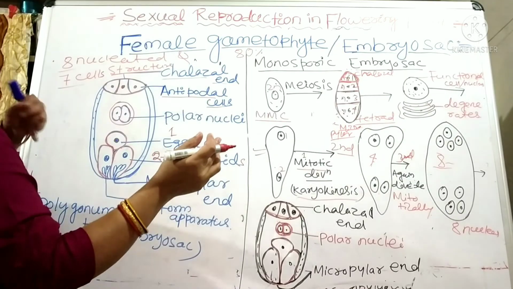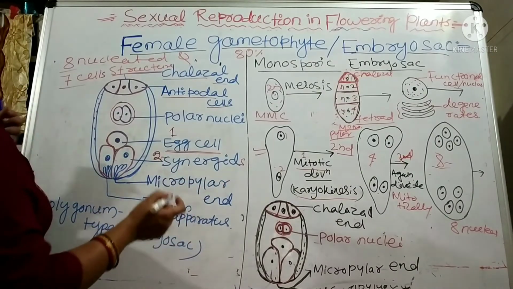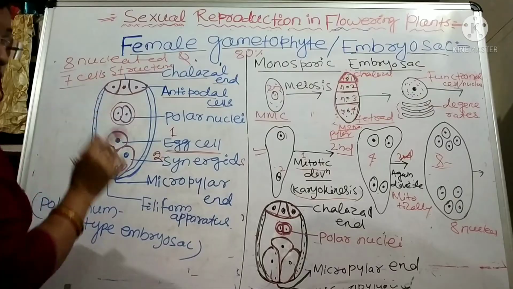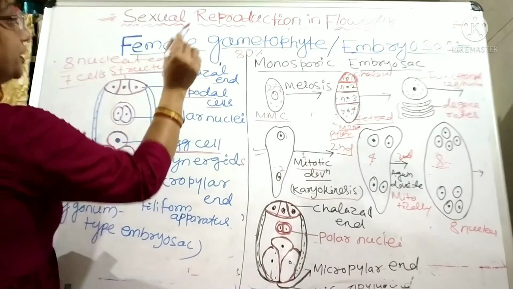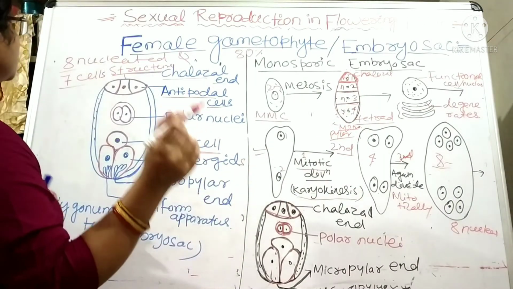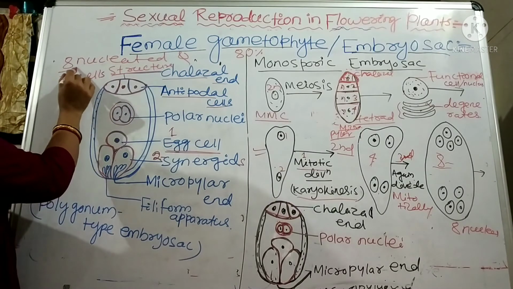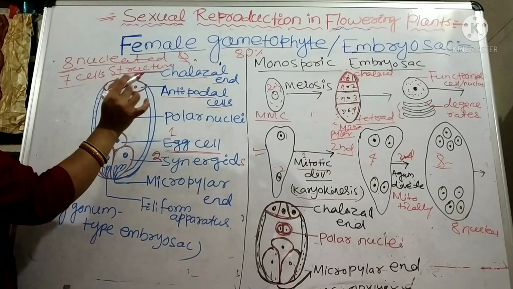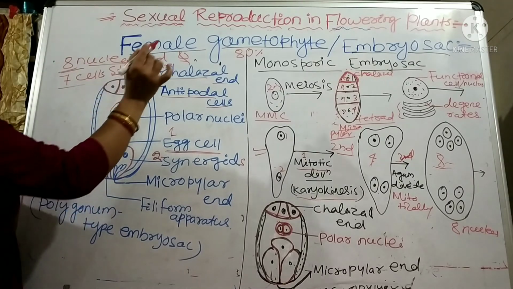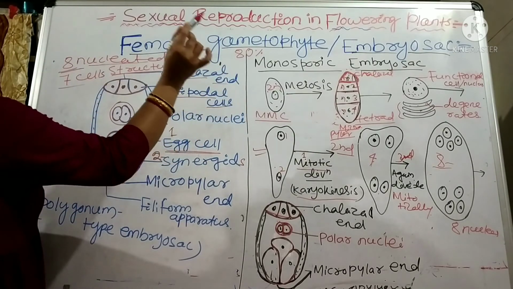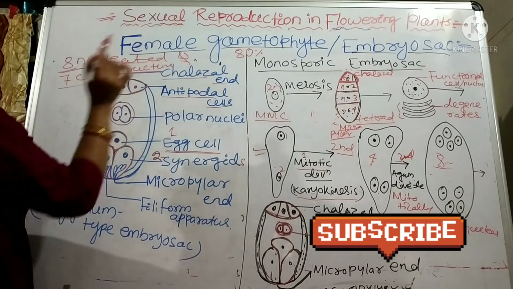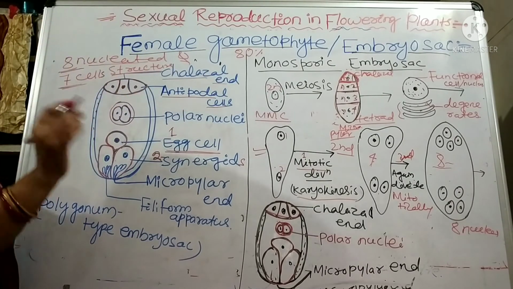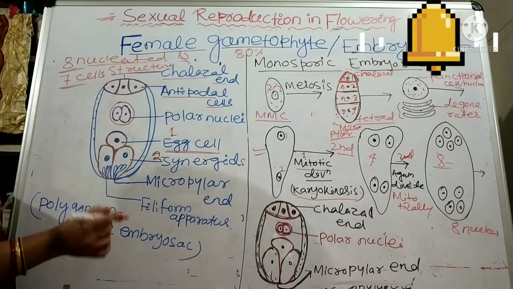When someone asks you about the number of nuclei and number of cells of the female gametophyte, the answer will be that it is 8 nucleated and 7 celled. The monosporic embryo sac or monosporic female gametophyte is 8 nucleated and 7 celled, that is, polygonum type.